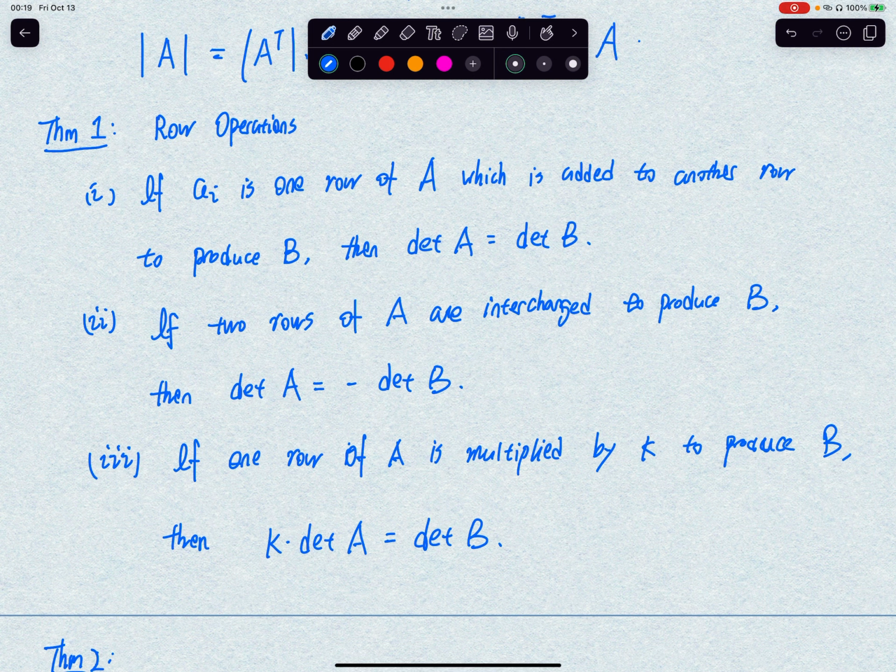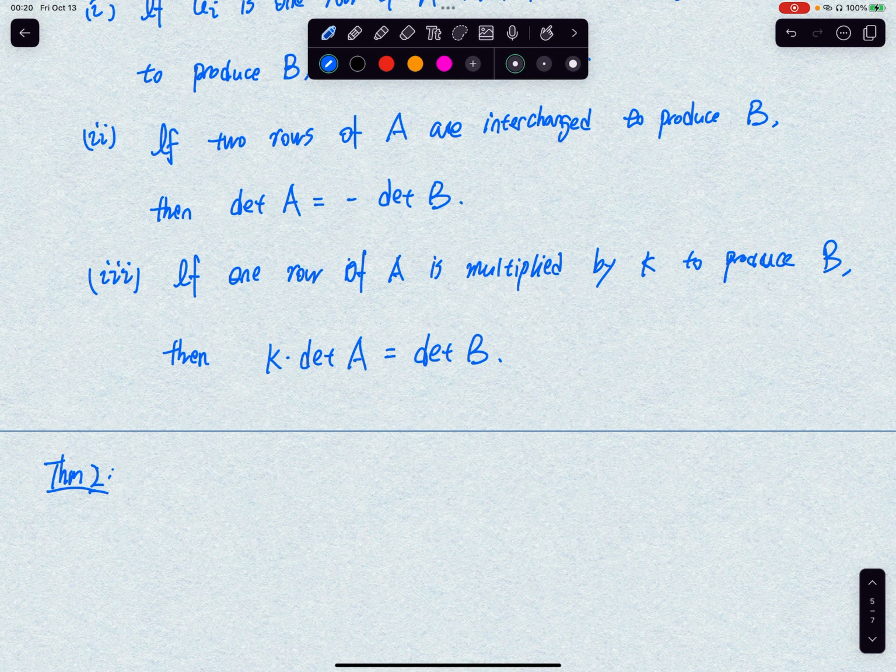So theorem 1 gives us a very technical and powerful result so that we can eliminate to get as many zeros as we want, so that we can simplify the calculation of the determinant. And the next result is on the operations of matrices. It's the change of the determinant while we are doing operations of matrices.